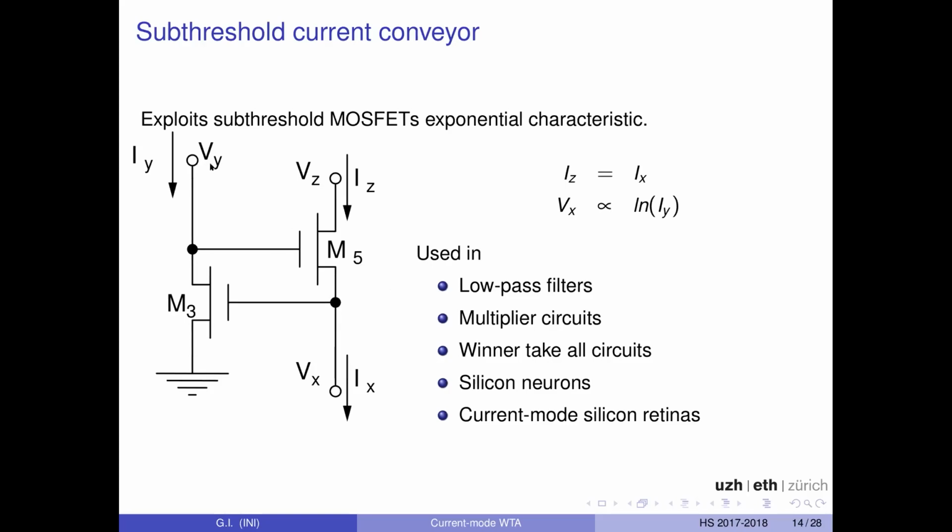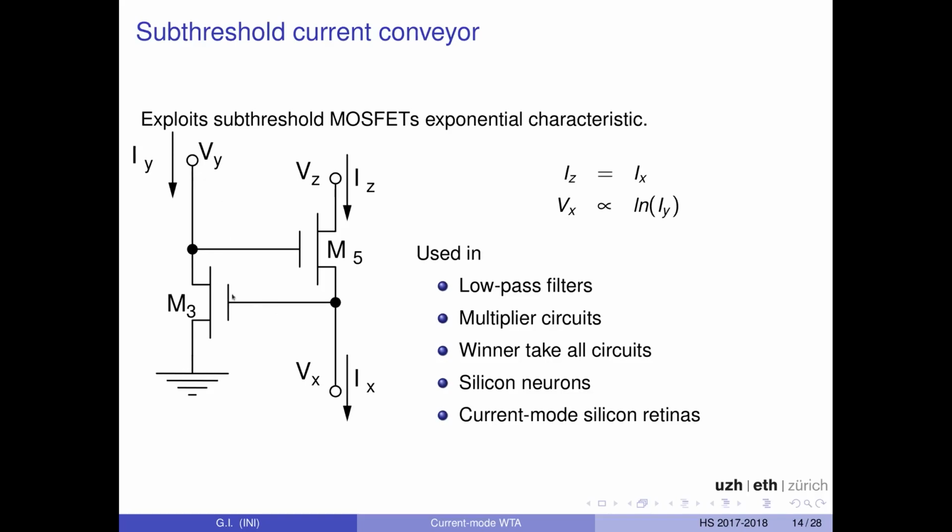It's just to tell you, if you apply an input current, let's actually go through it. If you apply an input current, this current will flow through M3. You know, in subthreshold, the gate of M3 will be the log of the input current.